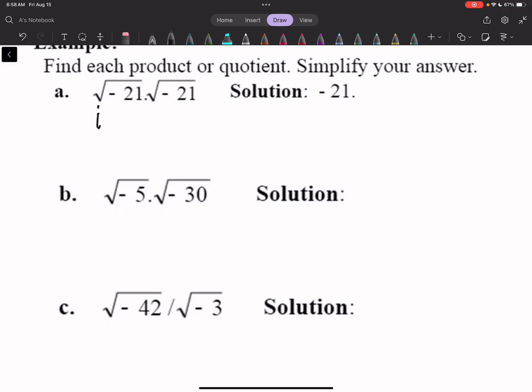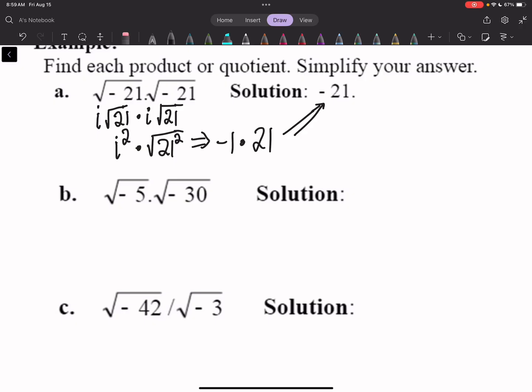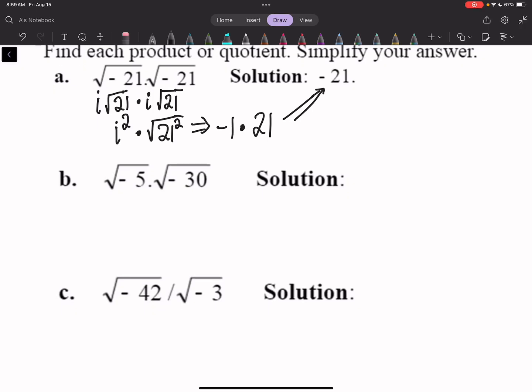So I have i square root 21 times i square root 21. This is i squared times the square root of 21 squared, because it's 21 times 21. This is negative 1 times 21, which is negative 21 as your final answer.